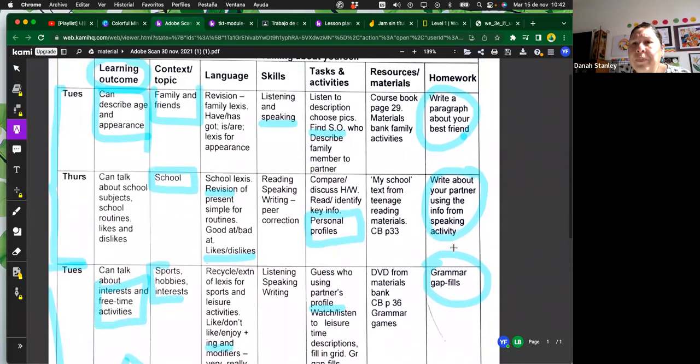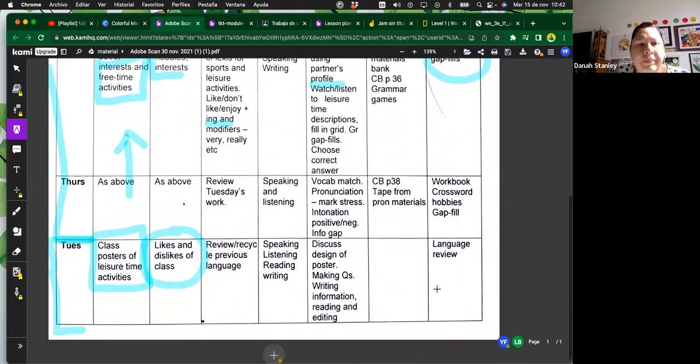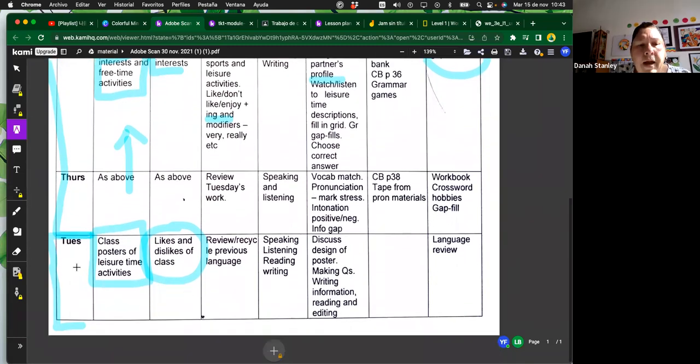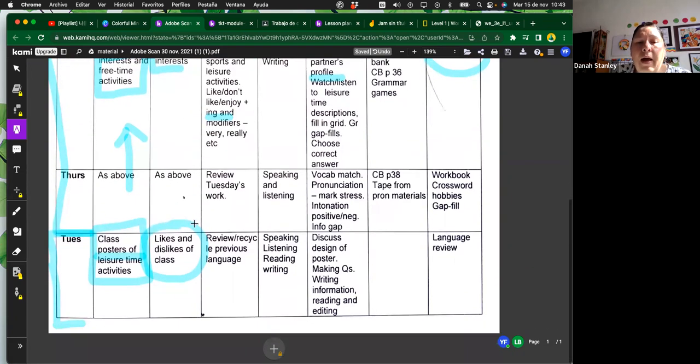And the homework, or the production, is the crossword, hobbies, and gap filling. Finally, they are going to make a poster talking about likes and dislikes by using vocabulary of leisure activities, probably done after or in the school.